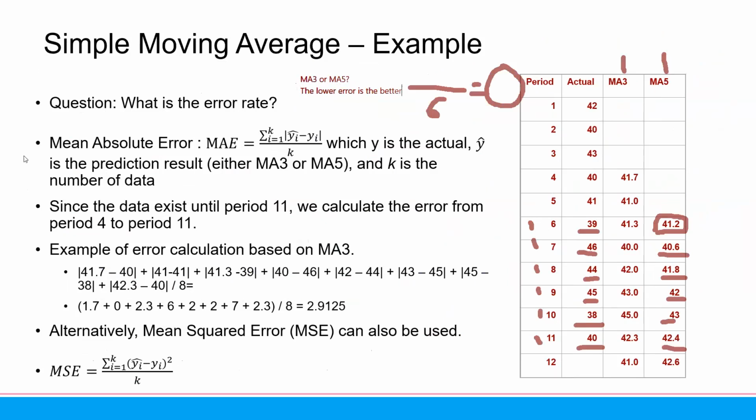I just showed you the calculation for the MA3, so you can calculate the MA5 by yourself. And you can check this value and this value, which one is lower. So the lower is the better. And if MA5 is the lower, then we will choose MA5 as the better forecast method.